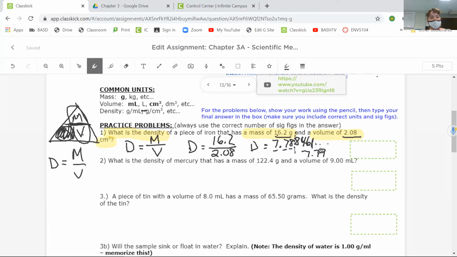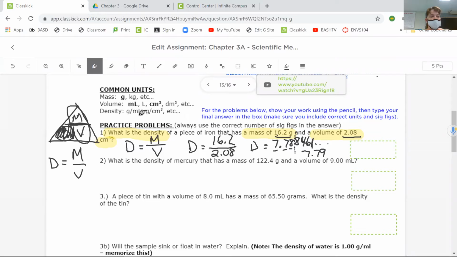So there is the number portion of the answer, but you must also include a unit. So in this case, we need a density unit. If you double check up top under our common units, you can see that density is a mass unit slash volume unit. So it's a mass divided by a volume.